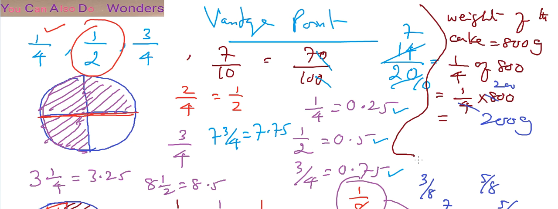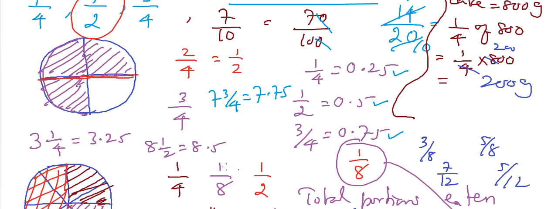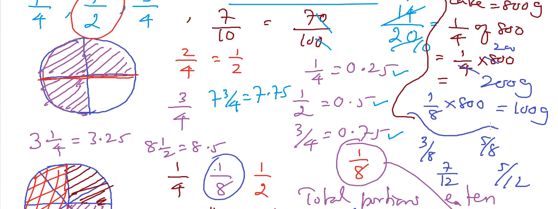Similarly, the weight of the cake eaten by my father will be 1/8, so 1 by 8 into 800, which is equal to 100 grams.